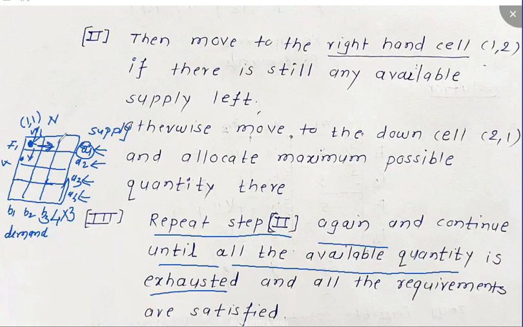So we have to move either to the cell on the right hand side or to the down cell and allocate maximum possible quantity in that cell. Continue this until all the available quantity is exhausted and all the requirements satisfied. So this is the northwest corner rule. Let us solve one example on this method.